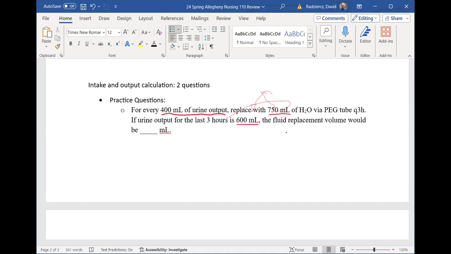So you learned a long time ago, even if you don't remember, you did learn it, how to do what's called ratio proportion. Okay. Which basically means, let's say I take my replacement volume over my expected output, and I set that equal to what I'm looking for over my actual output.